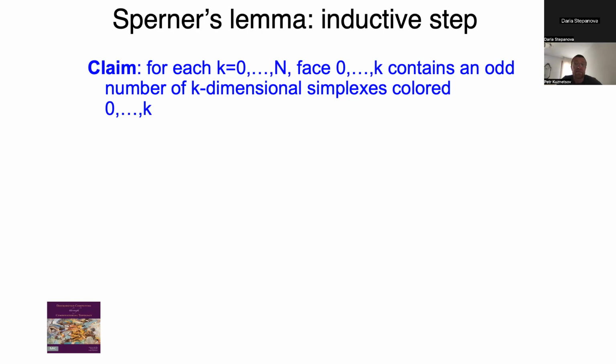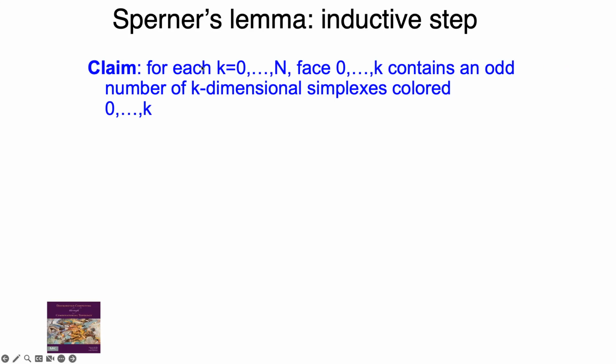You have a face which can be identified with vertices 0, 1, 2, up to k. You want to prove by induction that for each k, it should contain an odd number of k-dimensional simplexes colored 0 to k. Of course, in a Sperner coloring, if I take a face 0k and subdivide it, the vertices of the subdivision should have colors from 0 to k.